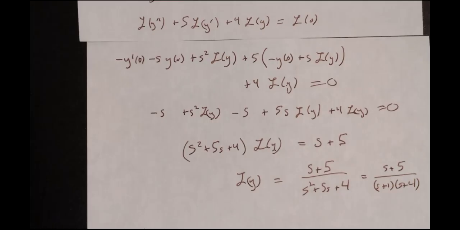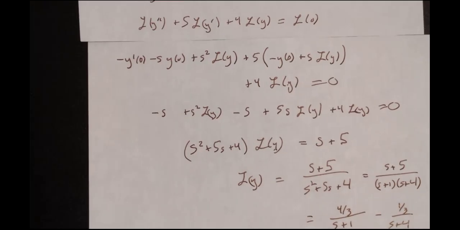Now I'm going to cheat. And I'm going to tell you that when I do the partial fractions, I get 4/3 over s plus 1 minus 1/3 over s plus 4. You should leave yourself room and make sure I'm not blowing smoke in your ear or other orifices.